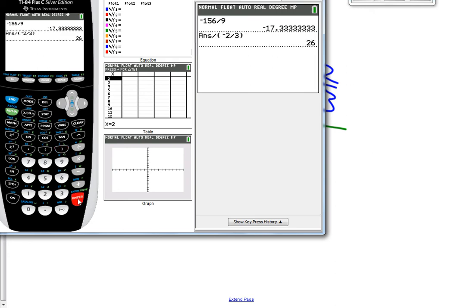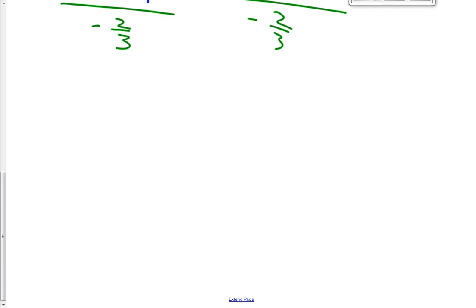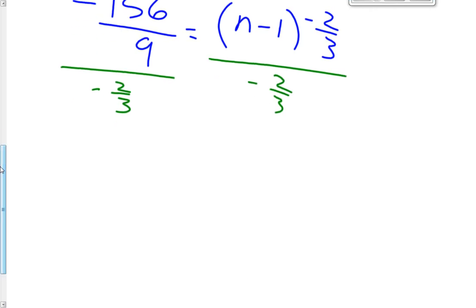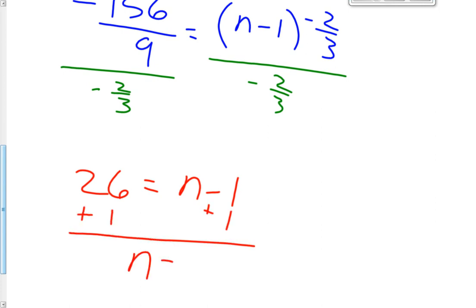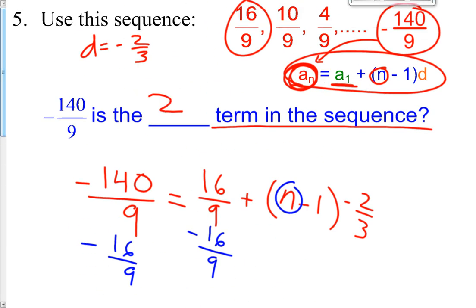And I get 26. So 26 equals n minus 1. So I add 1 to both sides, and what do you know, n equals 27. The 27th term in this sequence is a negative 140 over 9.